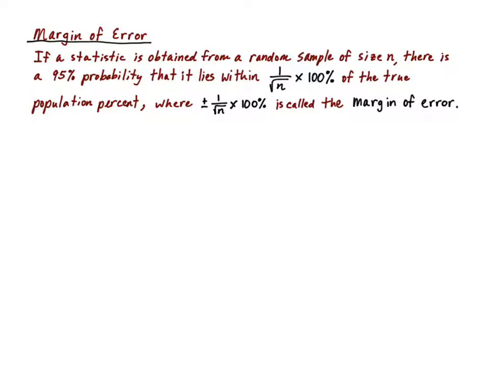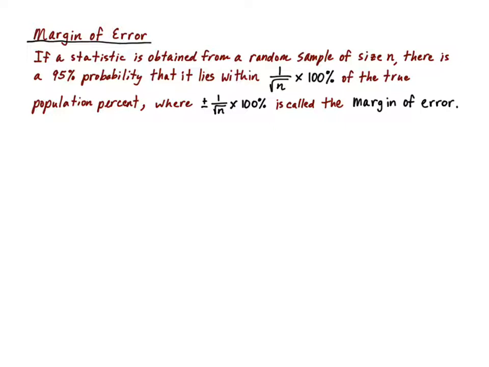So we previously discussed how it's important to pick a sample that's big enough, and that's part of what's tied into this measure of margin of error. So sample sizes do have to be big enough so that they can give us a good statistic.